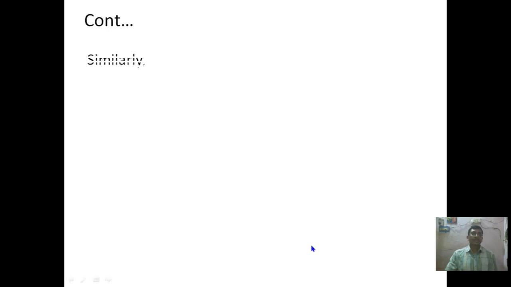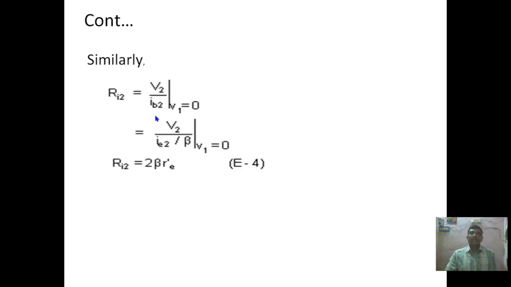Next, similarly we can calculate the second stage input resistance Ri2, which is equal to V2 by Ib2, the second stage input voltage divided by the second stage input current, at the stage 1 input voltage V1 equal to 0. We can replace Ib2 as Ie2 by beta.